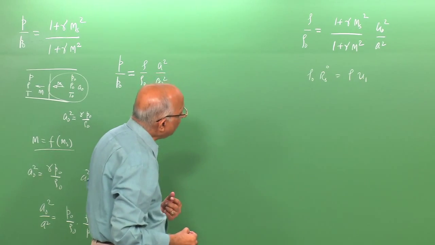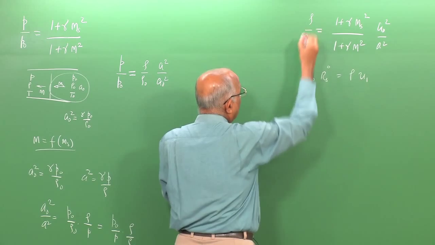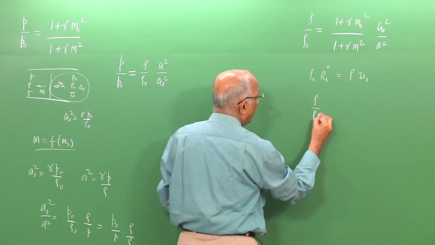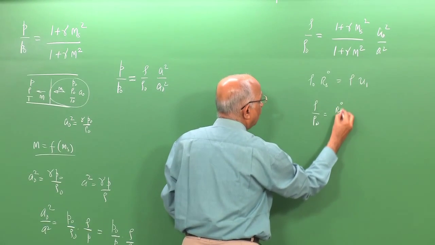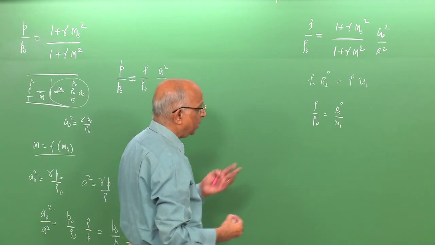Now, let us simplify it a little bit, let us put it in terms of Mach numbers, such that I can say rho by rho 0 is equal to r s dot divided by u 1. Now, I want to express it in terms of Mach number.